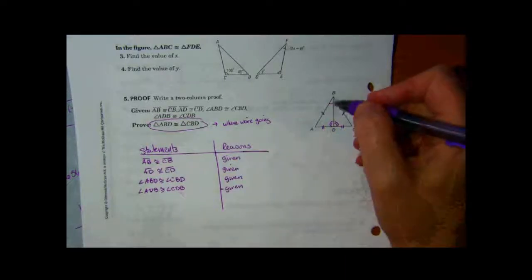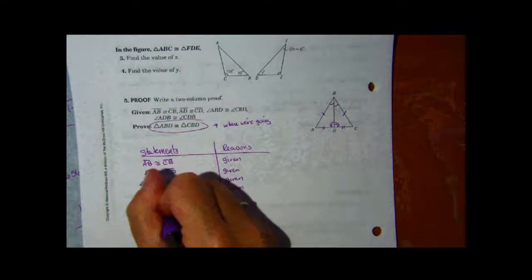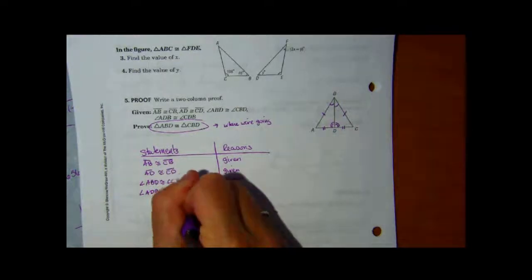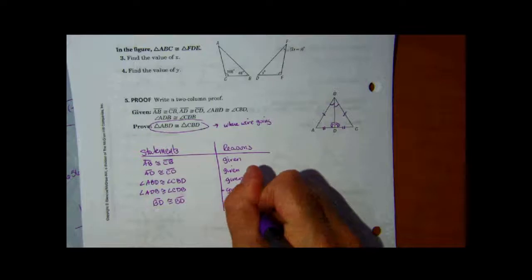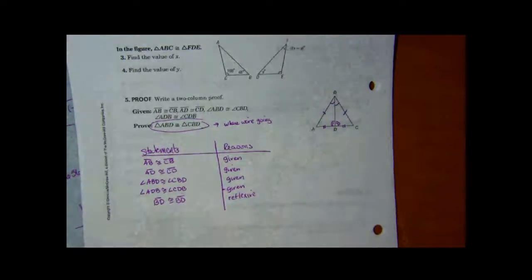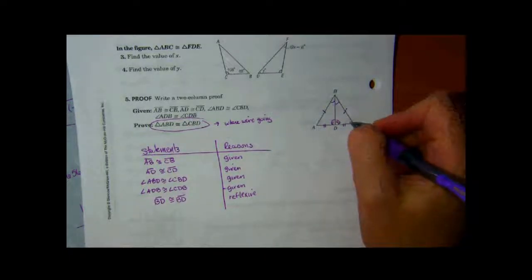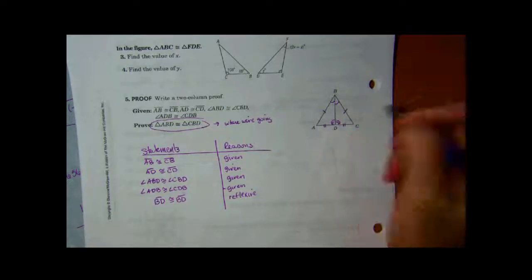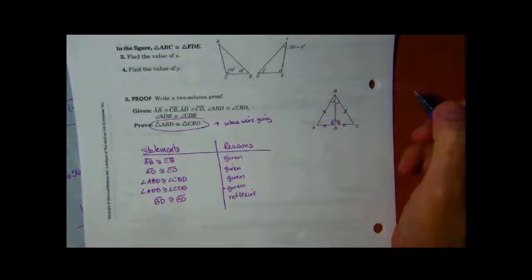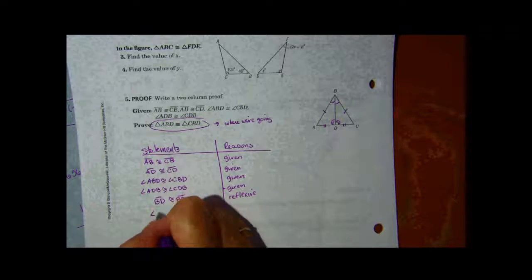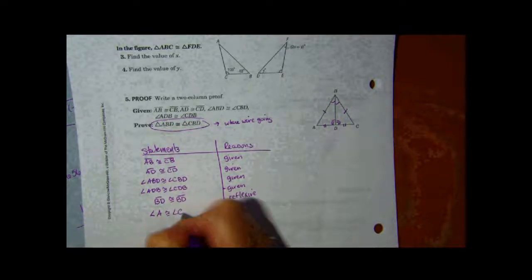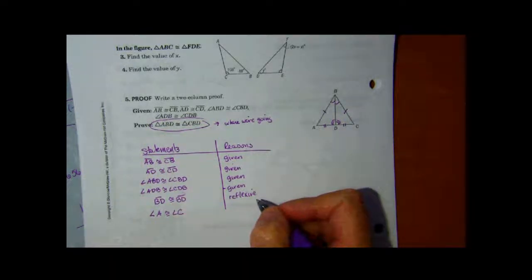Well, this side is itself. And you can always say something is itself. So now I have the three sides. All I need left are these two angles, angle A and angle C. And I've got that from that third angle theorem.